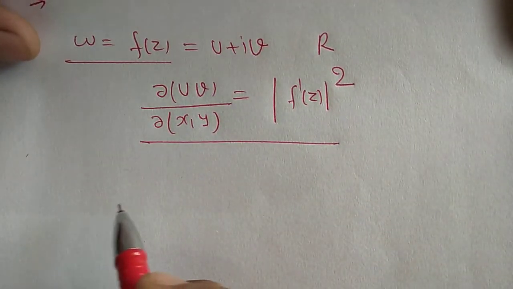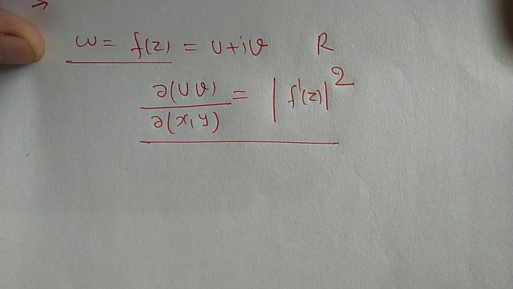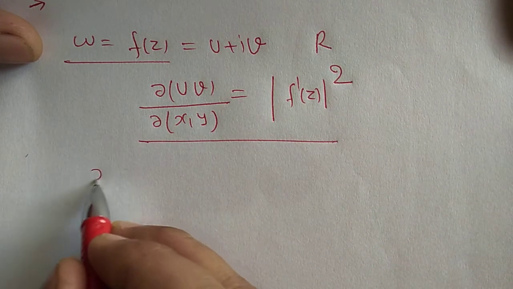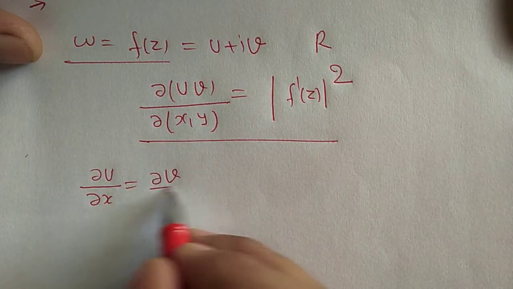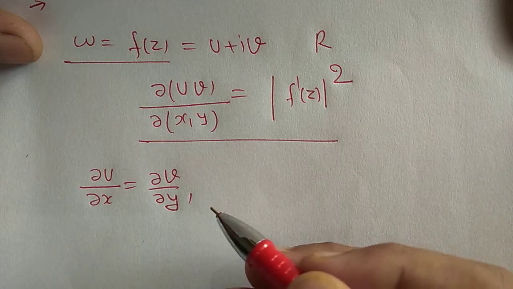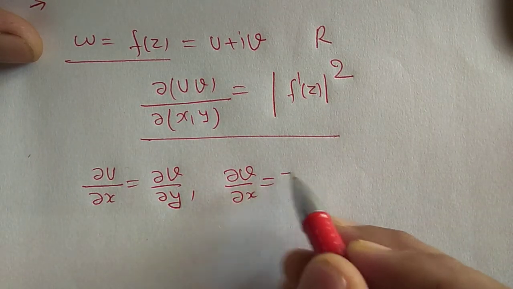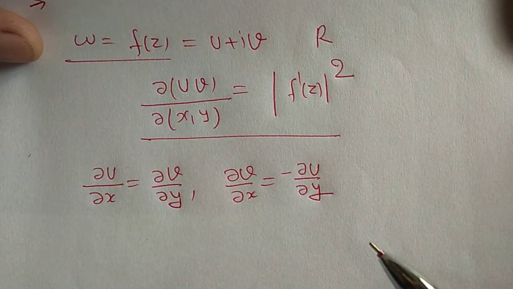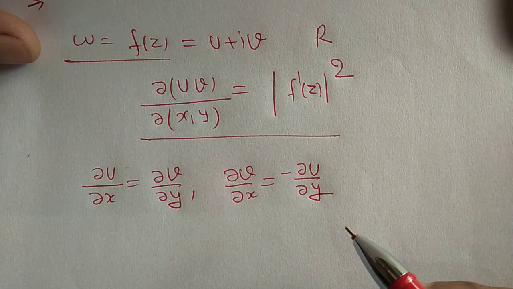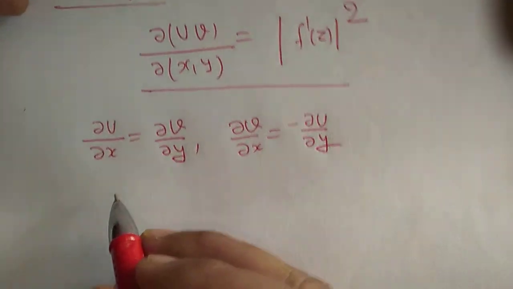If f of z is an analytic function, then it satisfies the CR equations, that is del u by del x equal to del v by del y and del v by del x equal to minus del u by del y. Since f of z is analytic, it satisfies the Cauchy-Riemann equations.